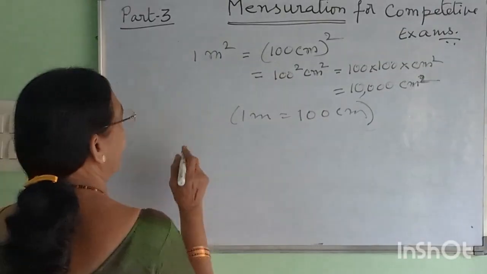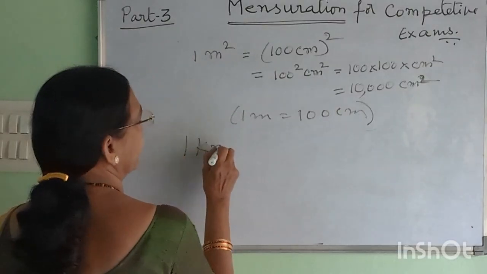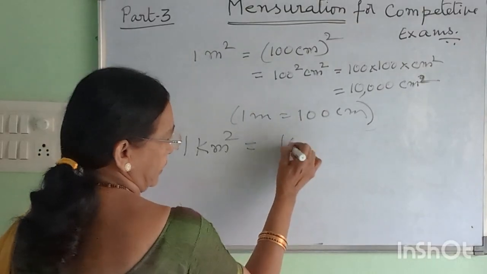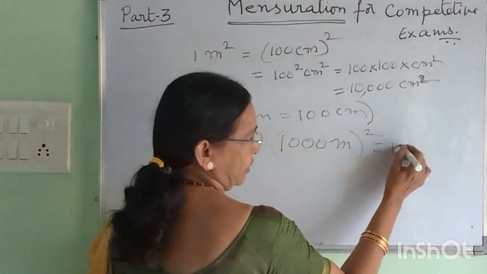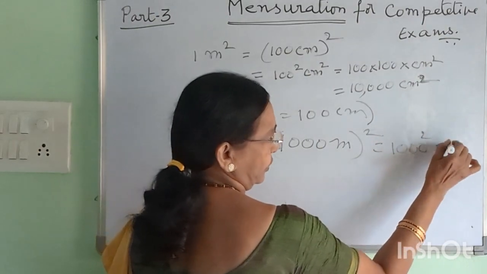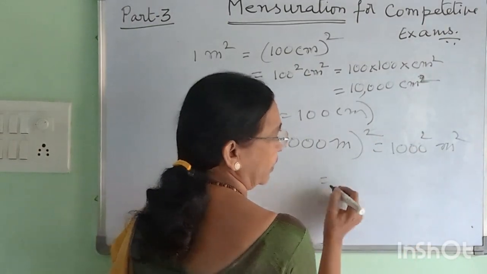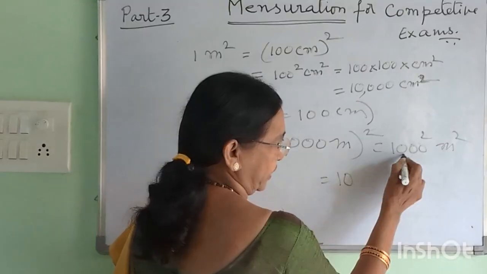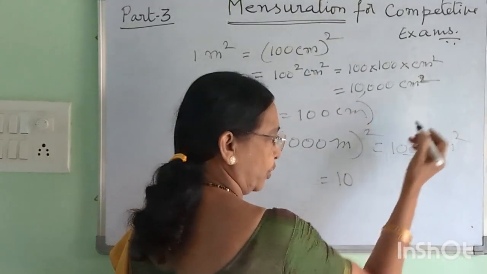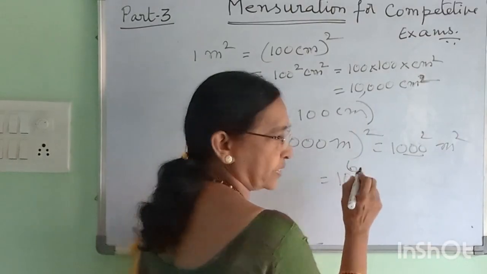Similarly, 1 kilometer square is equal to 1000 meters whole square. So that is equal to 1000 square into meter square. 1000 square is 1000 into 1000, or 10 cube whole square, which is 10 to the power of 6.